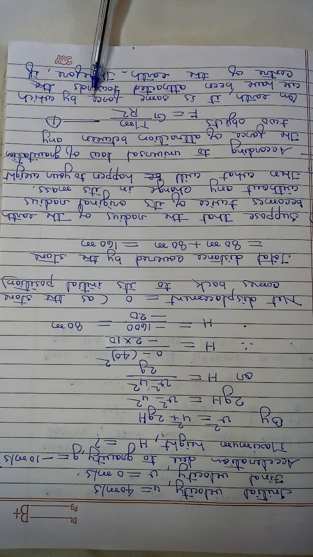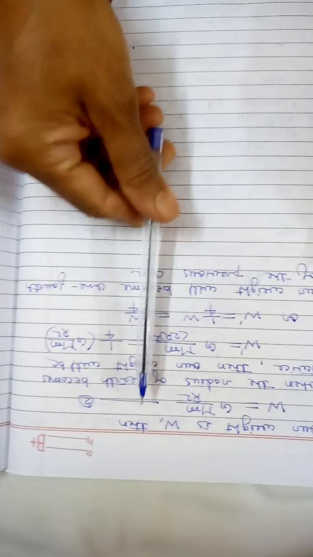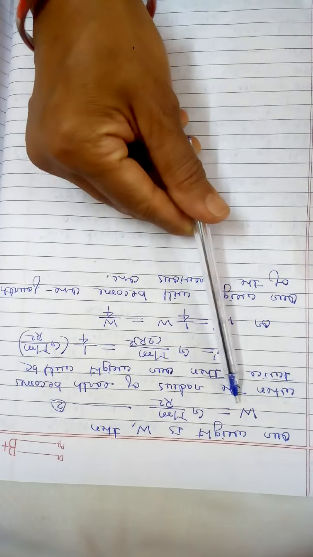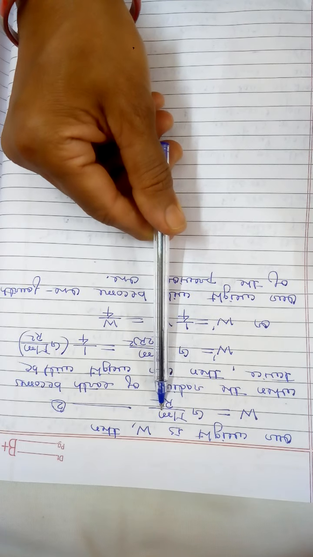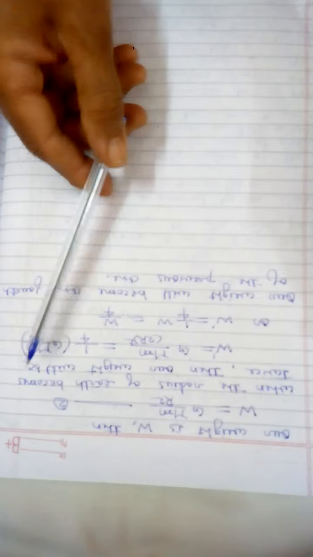On earth it is the same force by which we are attracted towards the center of the earth. Therefore, if our weight is W, then W equals capital G, capital M, small m upon r square.